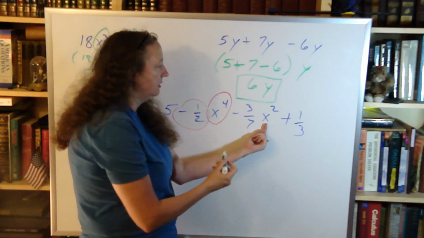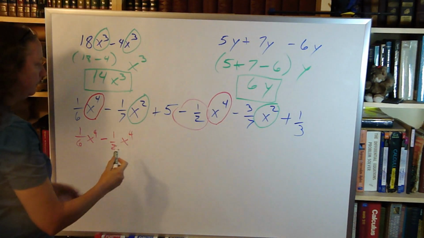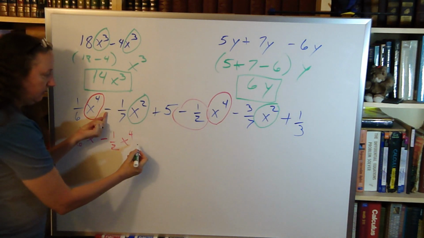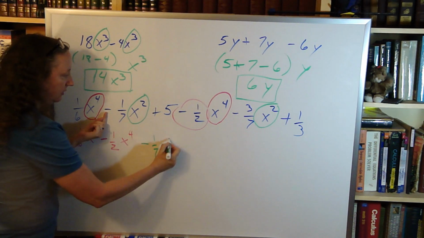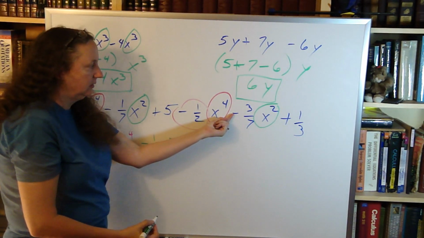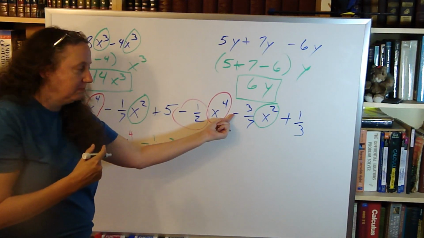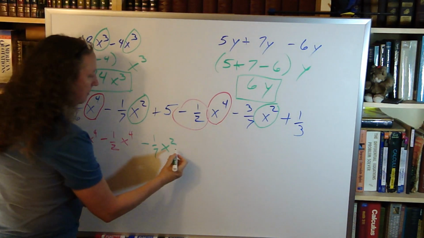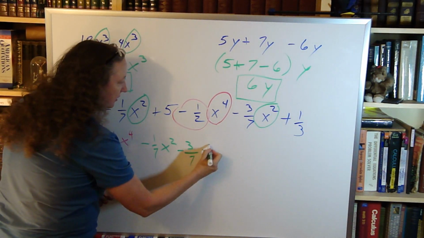There's an x squared. So I'm combining those two. So I have the minus 1/7 x squared and minus, take the add or subtract whichever is in front of that term, minus 3/7 x squared.